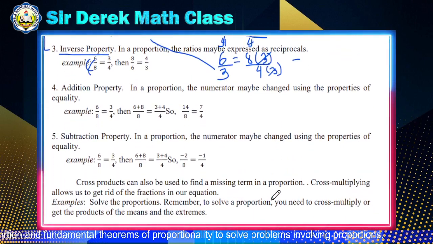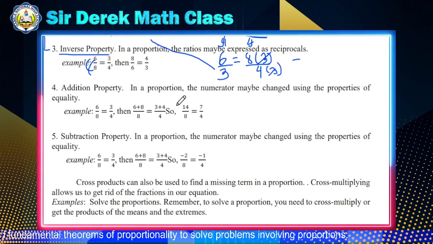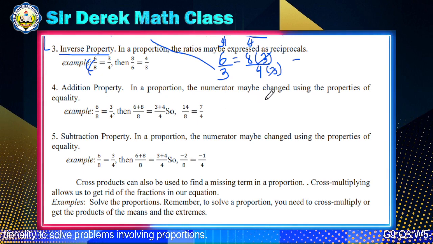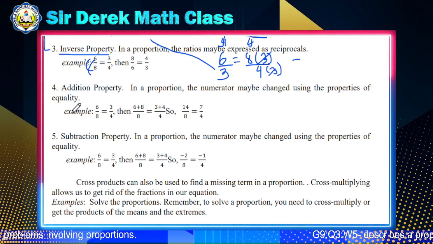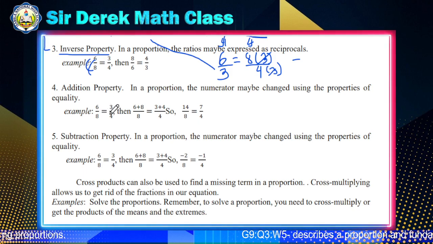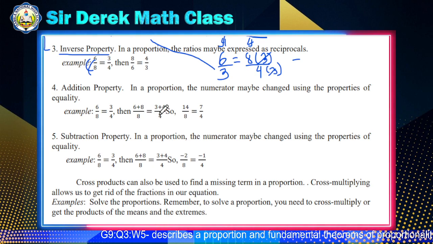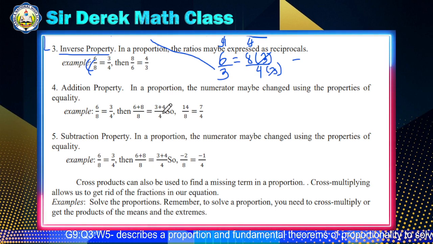Ano naman itong addition property? In a proportion, yan. Tignan ninyo ito. In a proportion, the numerator may be changed using the properties of equality. So here is an example. 6 over 8 is equal to 3 over 4. This is our main ratio. Then, here, 6 plus 8 over 8 is equal to 3 plus 4 over 4.